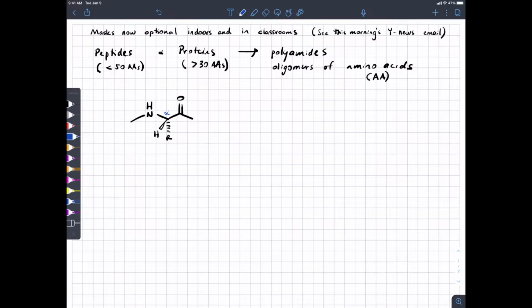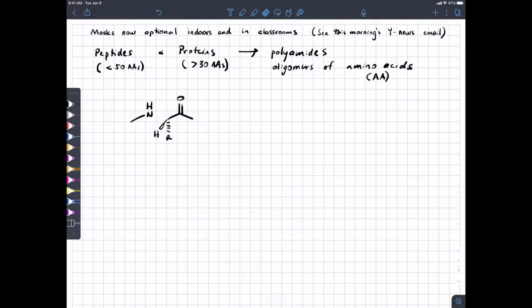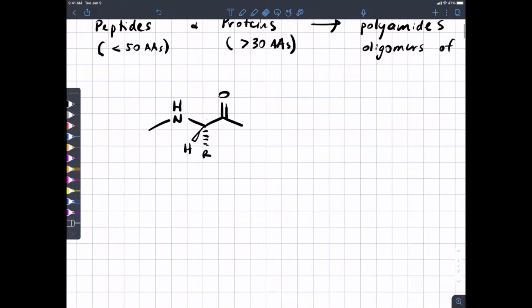Just like we did with carbonyl chemistry, we're going to continue to talk about carbons along the peptide chain. This is the carbonyl carbon, this is the alpha carbon, and then we'll call this the amide nitrogen because it's tied up in an amide with the next amino acid. The squiggly line here means there's another amino acid that we're not drawing.